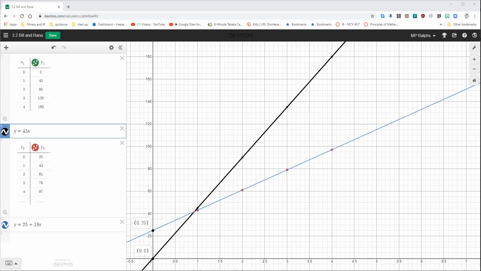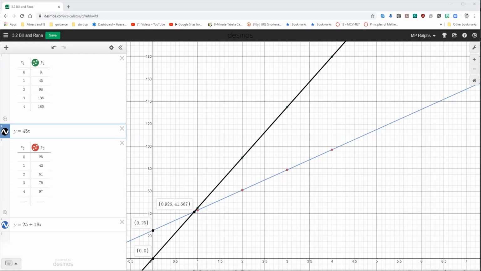One other interesting thing that we'll take a look at in more detail later: we notice that we've got 0.926 and 41.667, which is that point right there. That point is where these two graphs cross, which is called a point of intersection. Again, we'll get into that a little bit later. What does that correspond to in terms of our number of hours worked and the amount charged for their service?